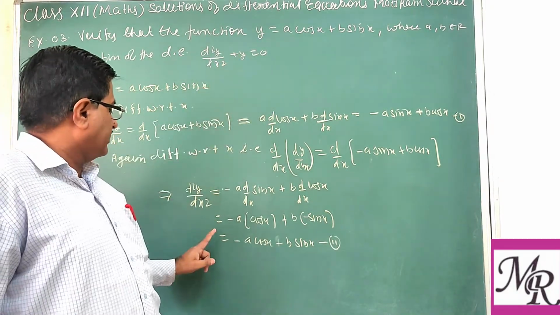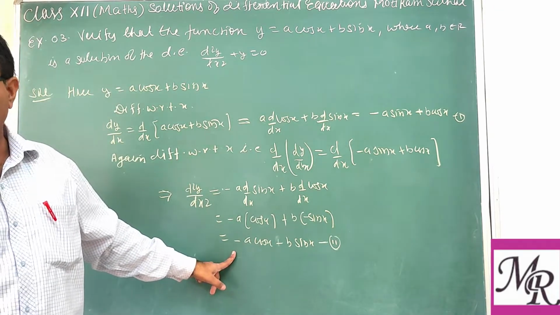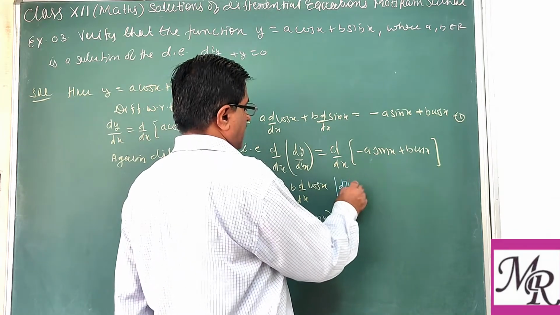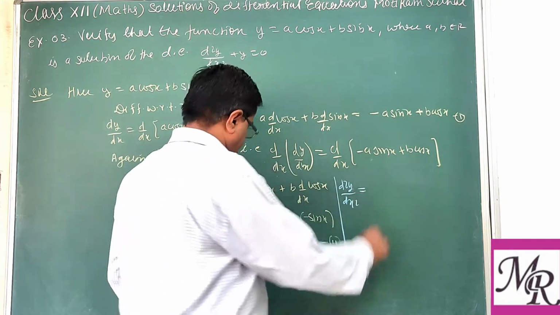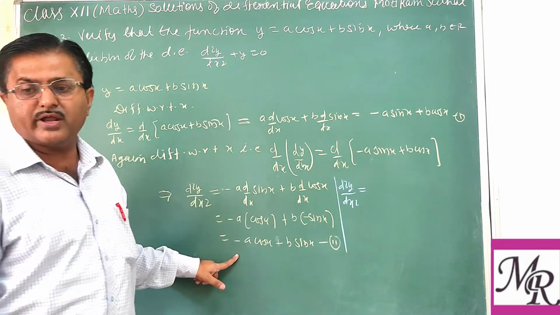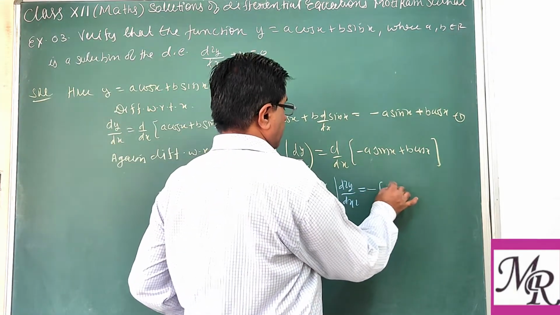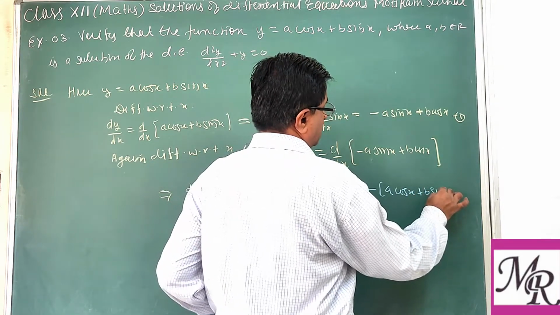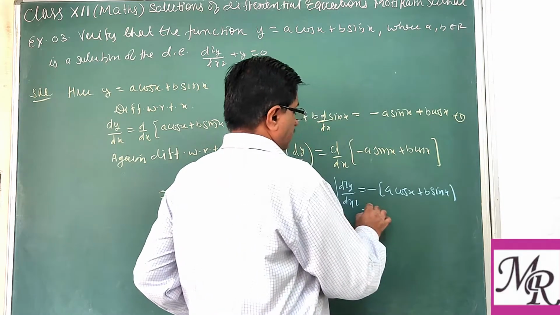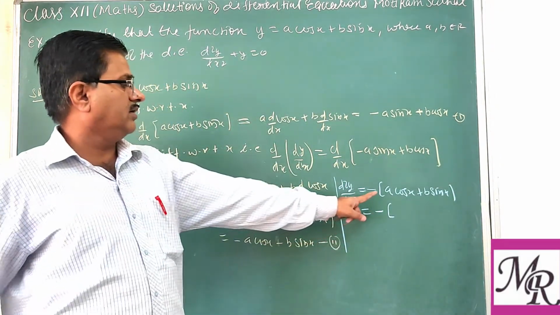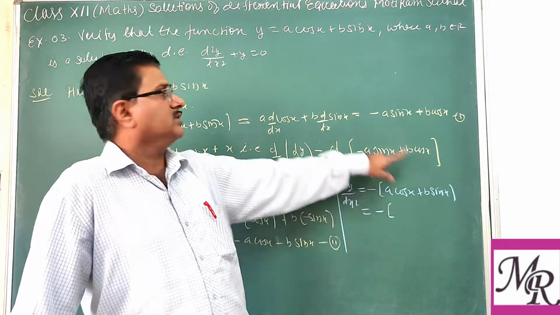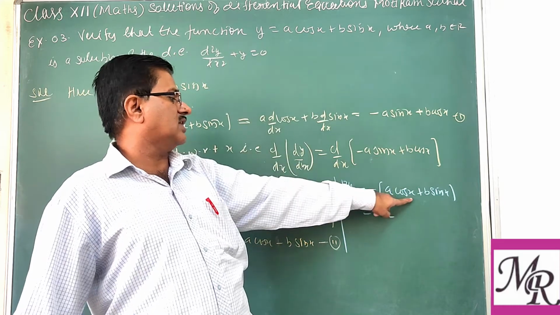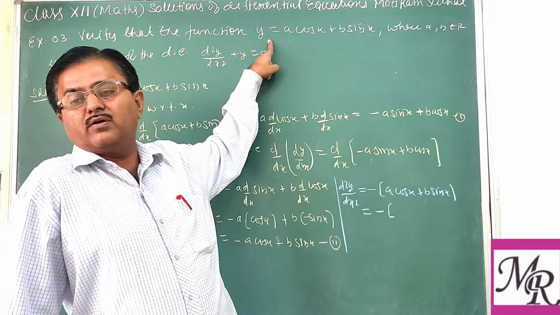How directly? Like here we are getting the value of d square y upon dx square equal to, now here we take minus common on the right hand side. So if you take minus common, this is a cos x plus b sin x. And you know this is the value of y. So a cos x plus b sin x can be replaced by y.